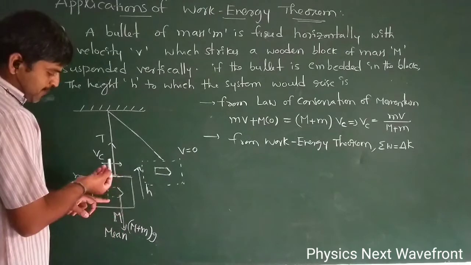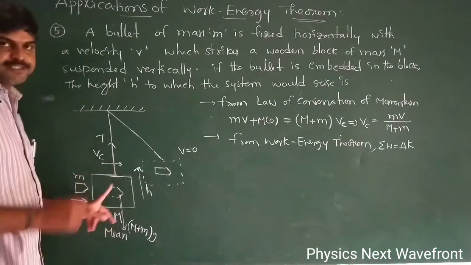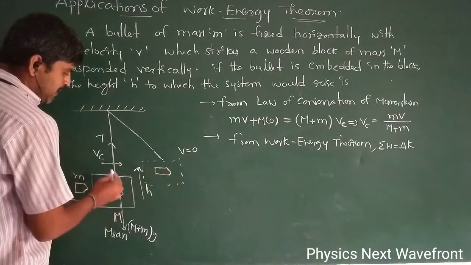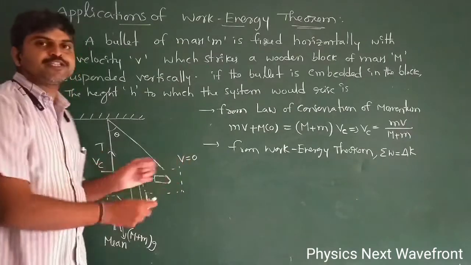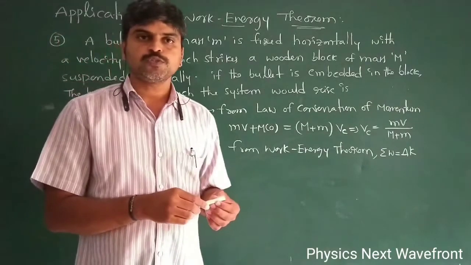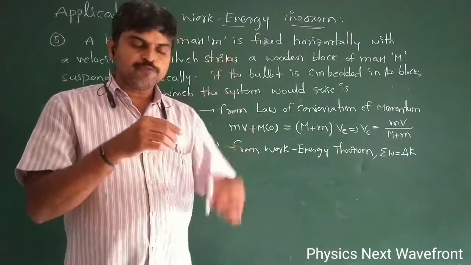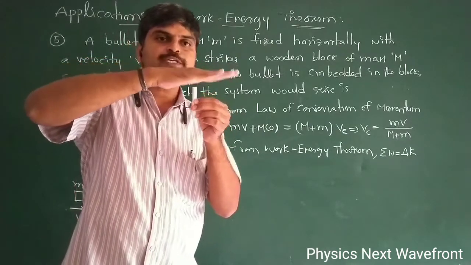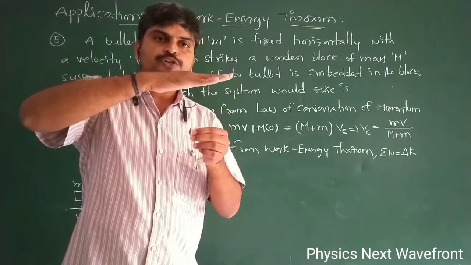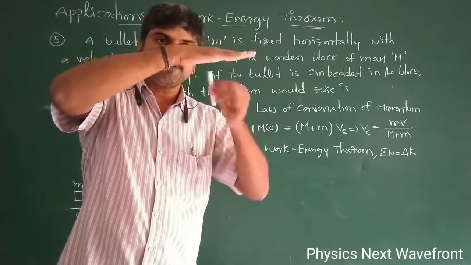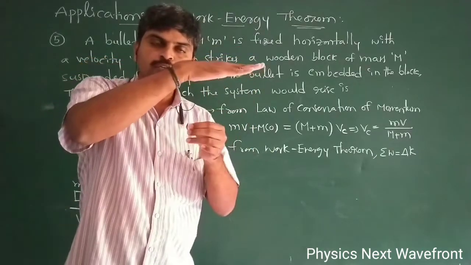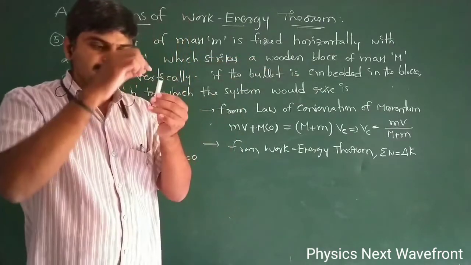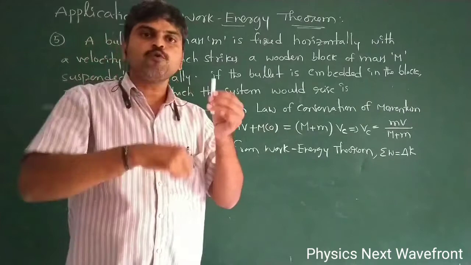This gravitational force affects only the vertical direction. For the displacement in the horizontal direction there is no effect of gravitational force, because the force is downward and the displacement is horizontal, so the angle between them is 90 degrees. Work done by gravity along the horizontal direction is 0. The displacement has both x and y components, but only along y is there work by gravitational force.